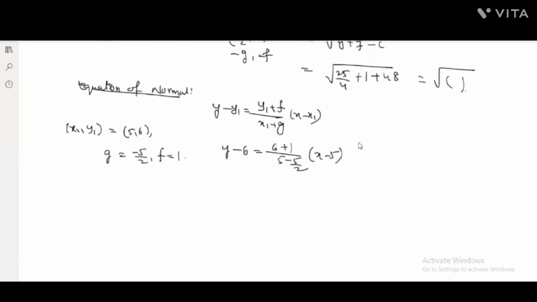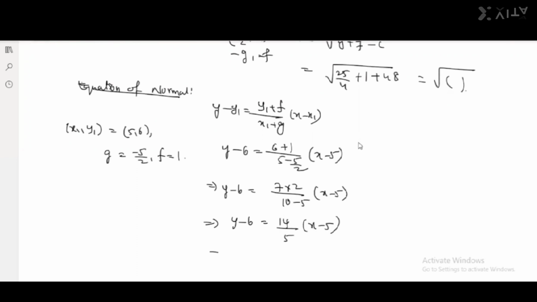So let's simplify this one. y minus 6 is equal to 7 into 2 by 10 minus 5 into x minus 5. This is equal to y minus 6 is equal to 14 by 5 into x minus 5. So multiply this side. So 5y minus 30 is equal to 14x minus 70.